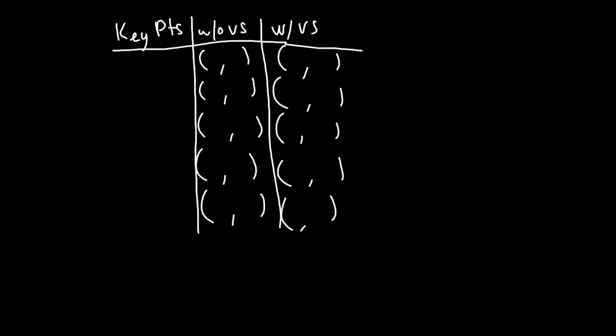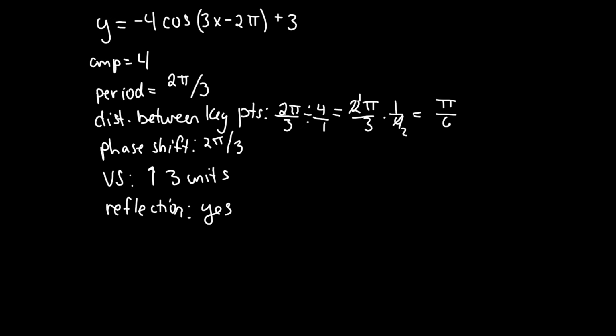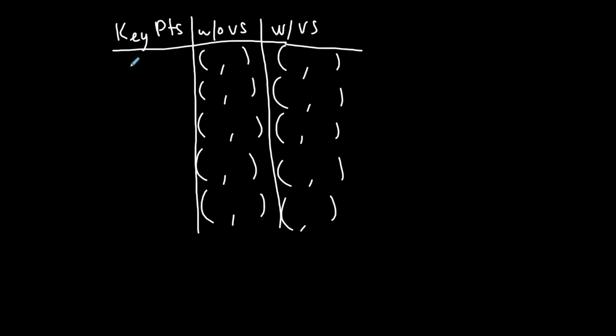Now, key points for cosine. Cosine makes that U shape, right? So it goes from a max to an intercept to a min to an intercept back to a max. So my key points on this table, I'm going to go from a max to an intercept to a min, intercept back to a max.